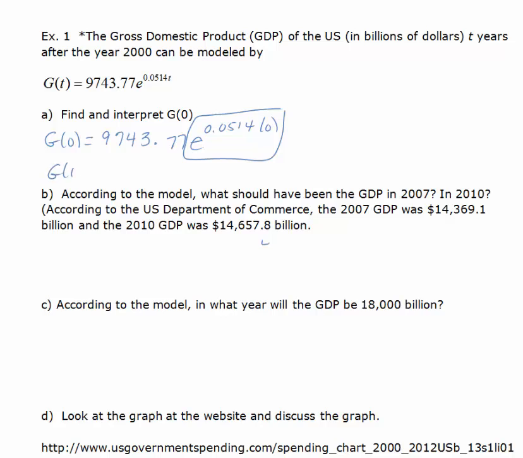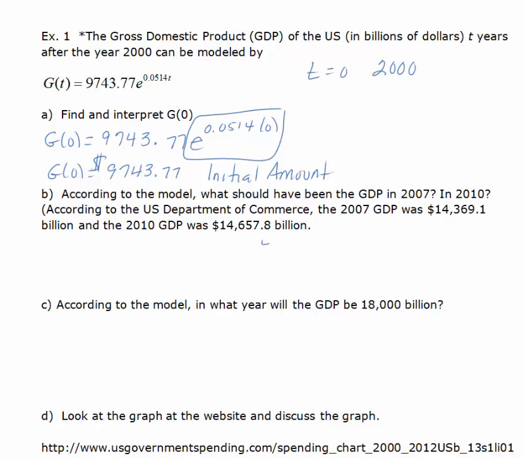So g sub 0 equals 9743.77, and this is in dollars. When t equals 0, that corresponds to the year 2000, which means that according to this model, this is g sub 0, our initial amount, basically when no time has passed.